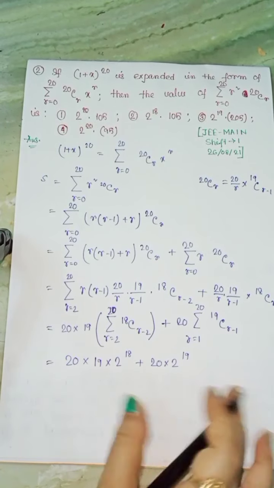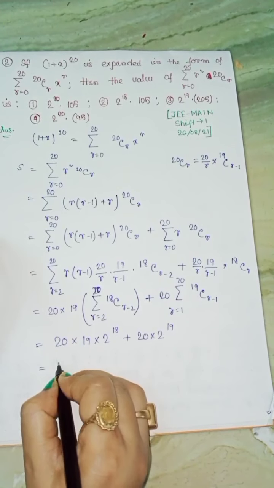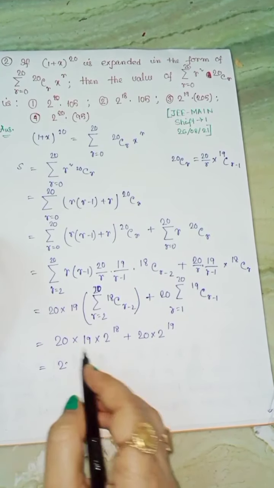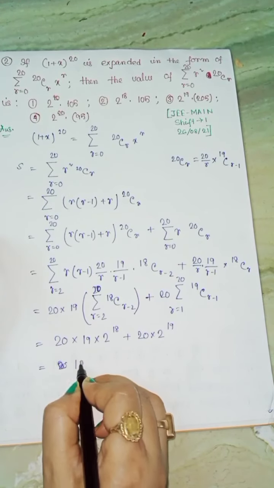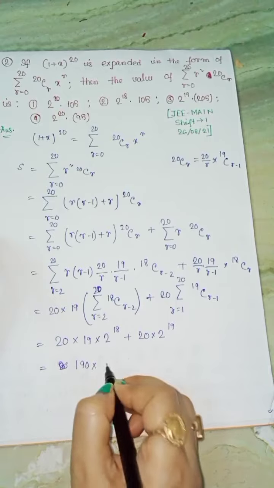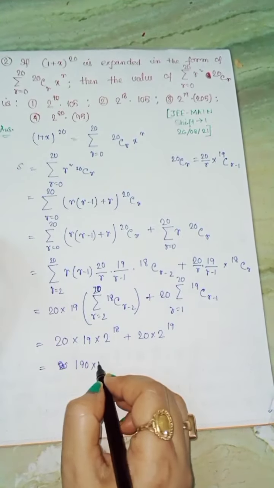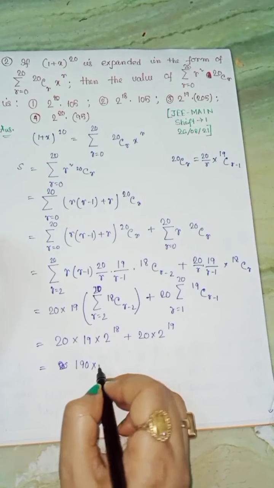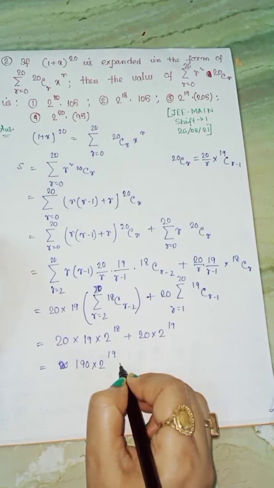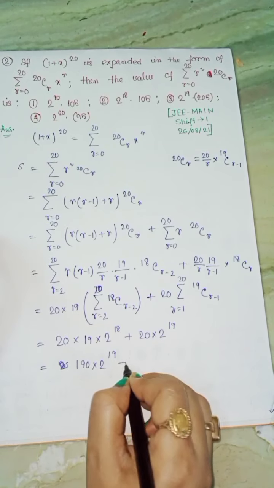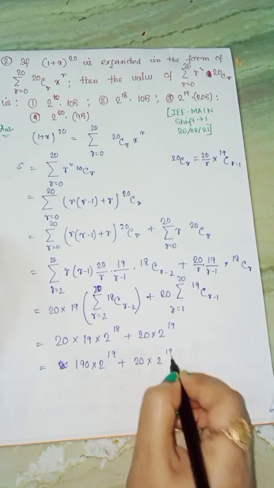So now this one is equal to, we may write 190 into 2 to the power 19, and this one becomes 20 into 2 to the power 19.